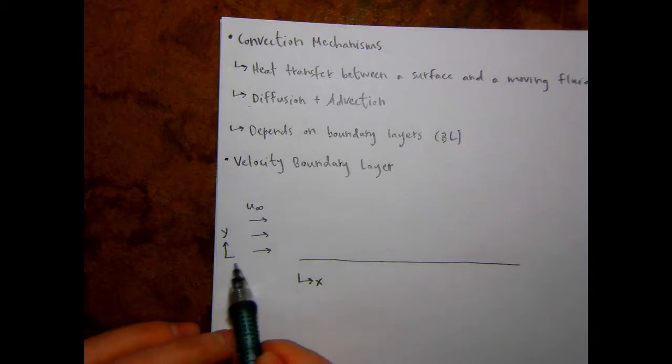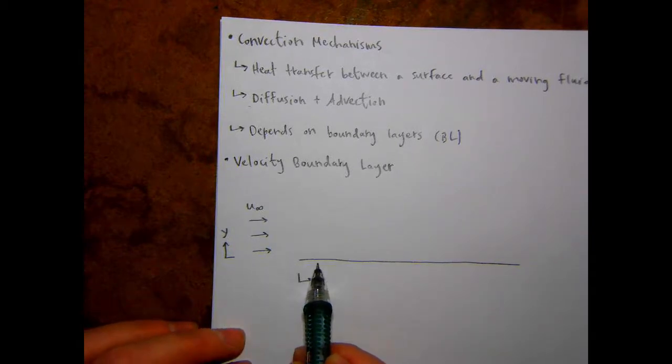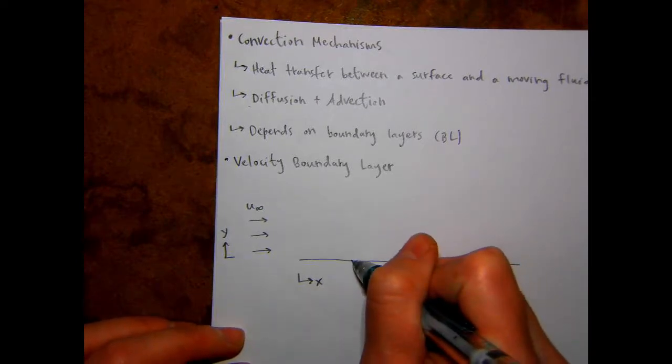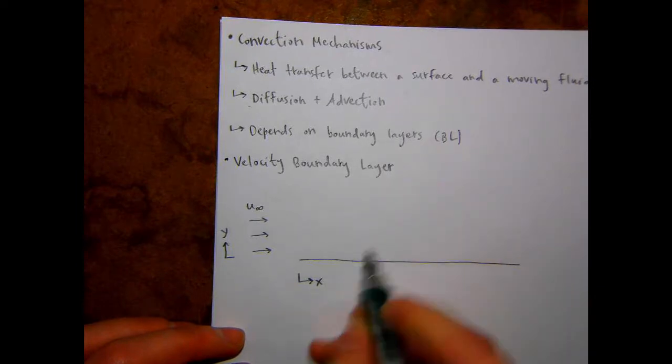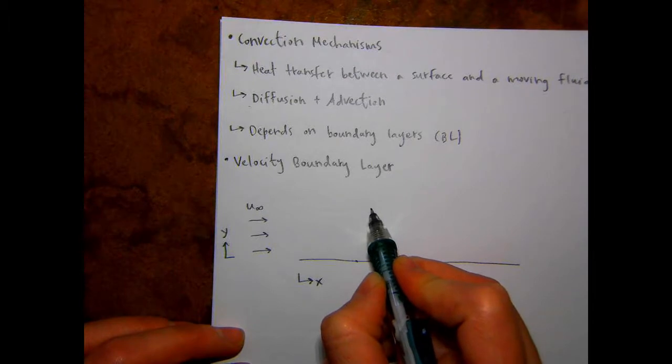So the flow is uniform coming into the plate, and then when it hits the plate, the fluid particles right next to the plate are going to have the same velocity as the plate itself, which is 0, right? So you have a 0 velocity here, and some finite u infinity velocity here.